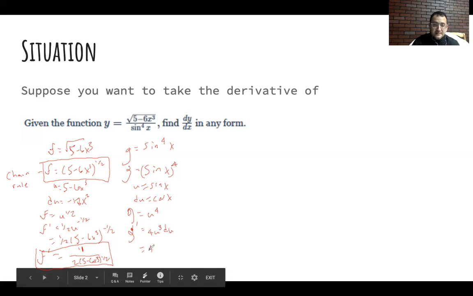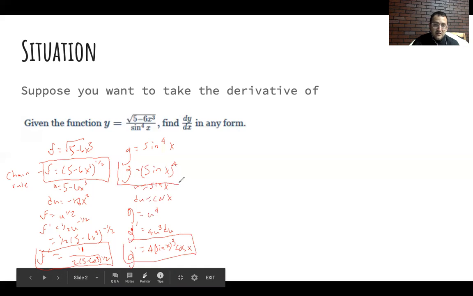And then this is going to be 4 times, let's see, I got u cubed. That's going to be sine x cubed. And then our du is cosine of x. That's our g prime. So I got my key results.